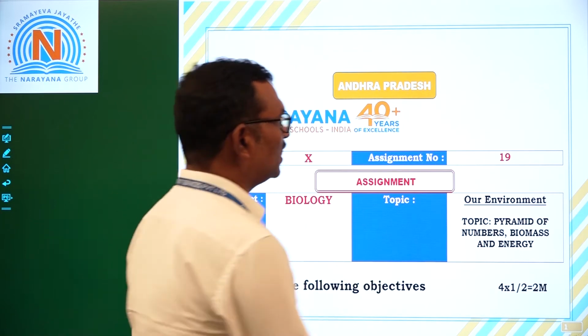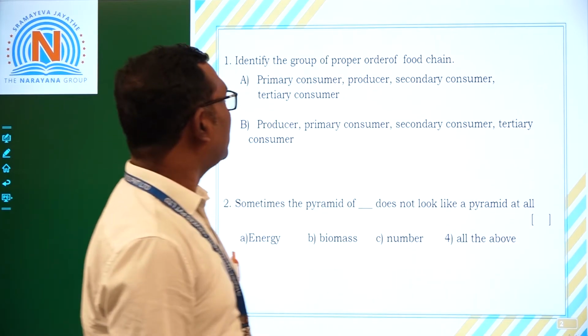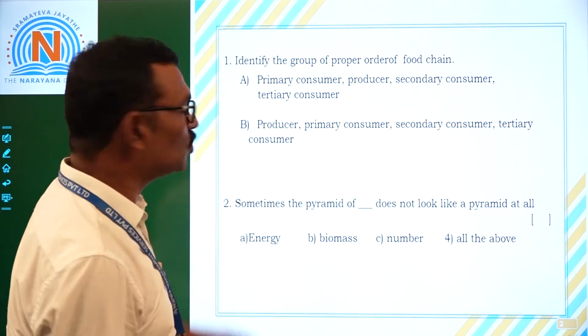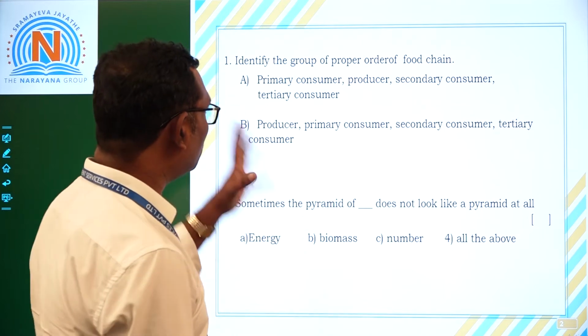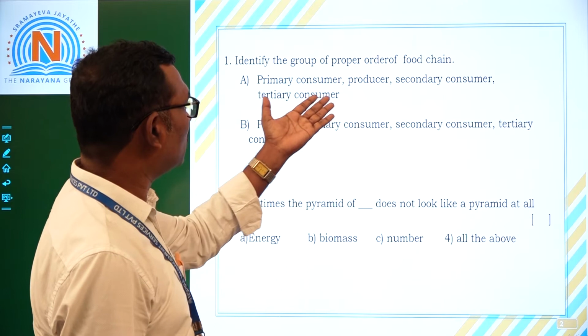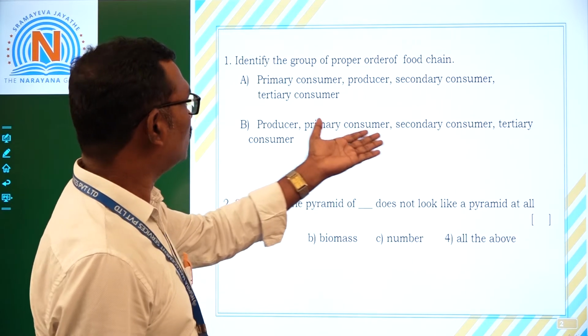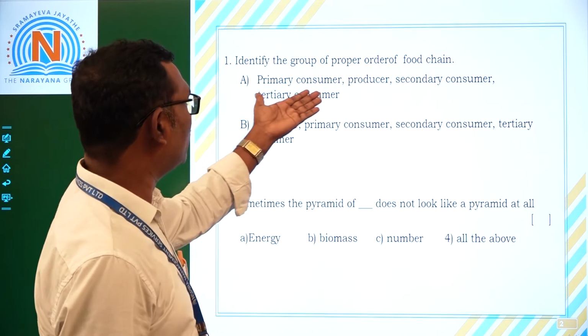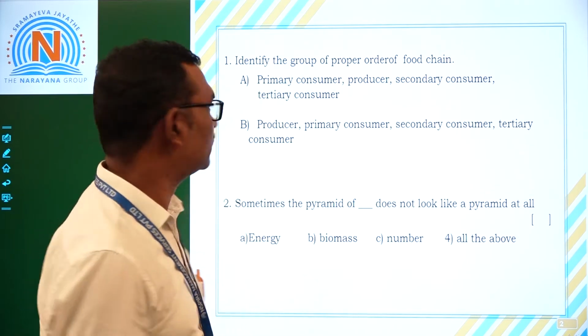The first question is, identify the group of proper order of food chain. Here 2 groups are given to you. So which group is proper order we have to identify. A group: primary consumer, producer, secondary consumer, tertiary consumer. Actually, first starting with the primary consumer is not correct.